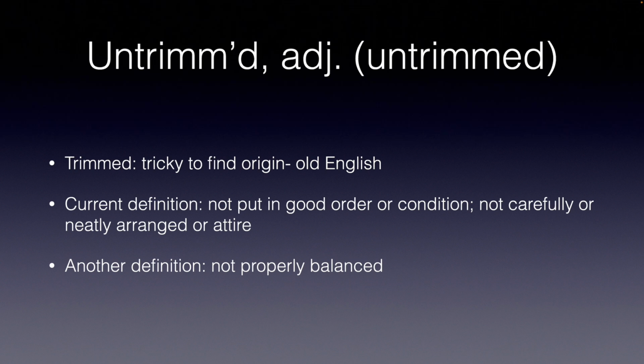So the current definition is not put in good order or condition, not carefully or neatly arranged or attired. Another definition that I thought was interesting was not properly balanced, which seems more negative than the current definition.